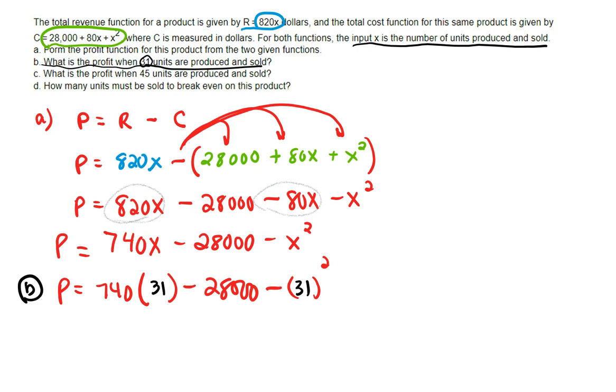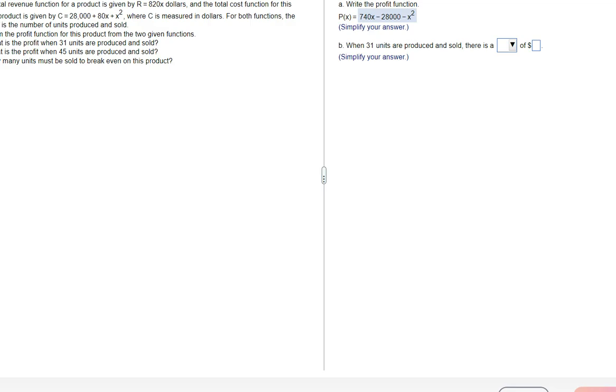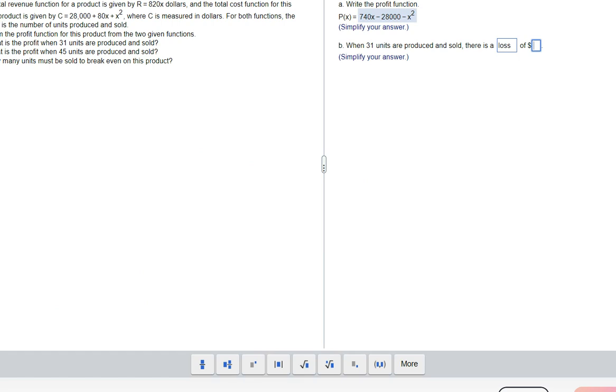And when I punch that in, my calculator gives me actually a negative answer. It'll be negative 6,021. Me and my calculator, order of operations. There is a loss. Since it's negative, you would say loss and then just type in 6021.